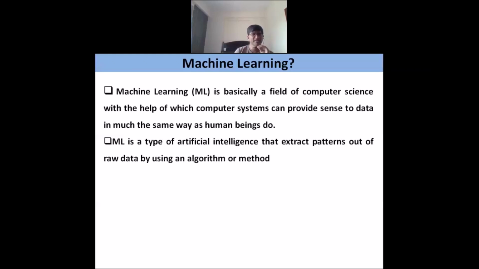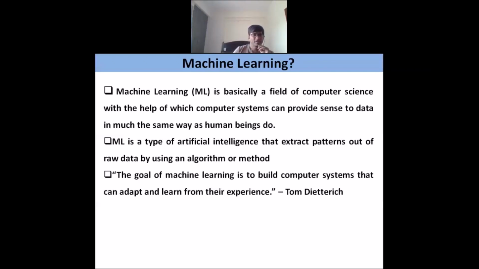So machine learning is basically a domain of artificial intelligence that extracts patterns out of data by using algorithms, or machine learning algorithms, that we will be talking about. Now, the overall goal of machine learning is to build computer systems in which we can put this kind of intelligence, and that can adapt and learn from experience.